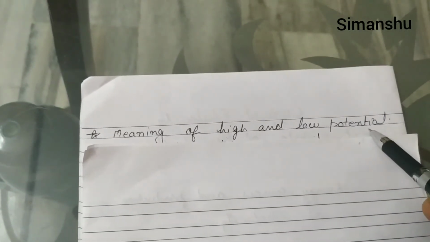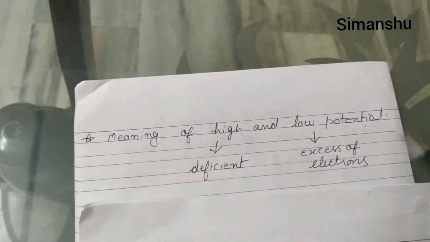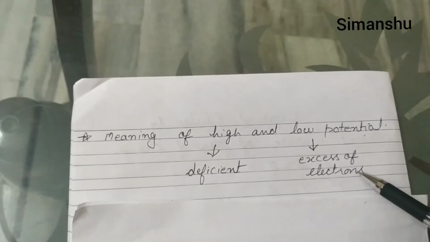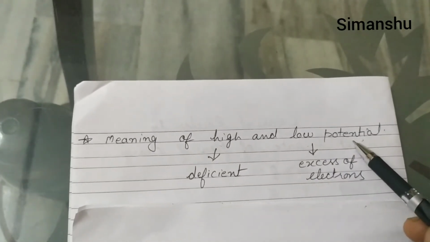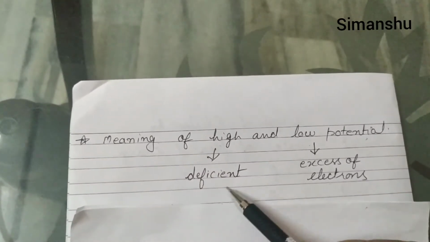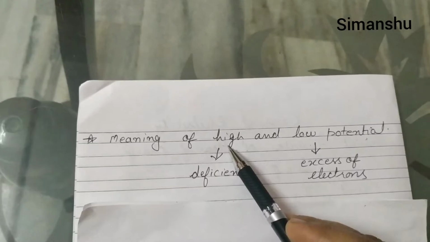Low potential means excess of electrons. The terminal which has excess of electrons is at low potential. And the terminal where there is deficiency of electrons is at high potential.